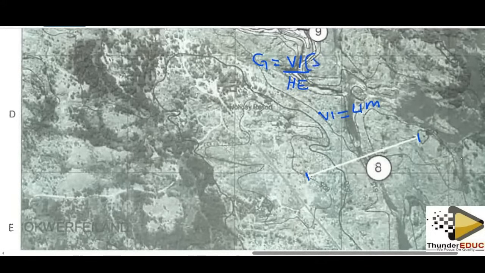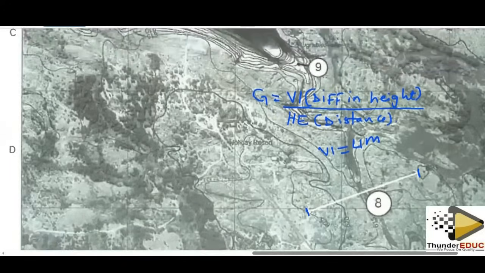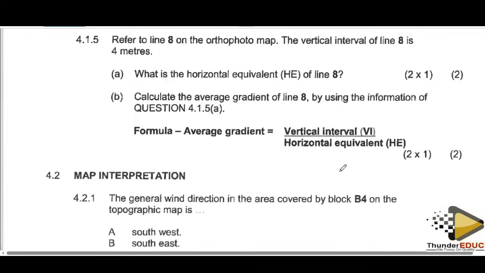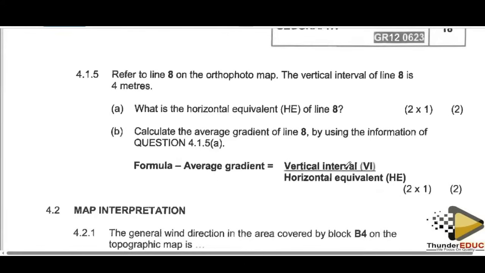So the vertical interval is the same as the difference in height, and the horizontal equivalent is the distance. They have given us the vertical interval, which is 4 meters. So we're going to say we have our 4 meters.